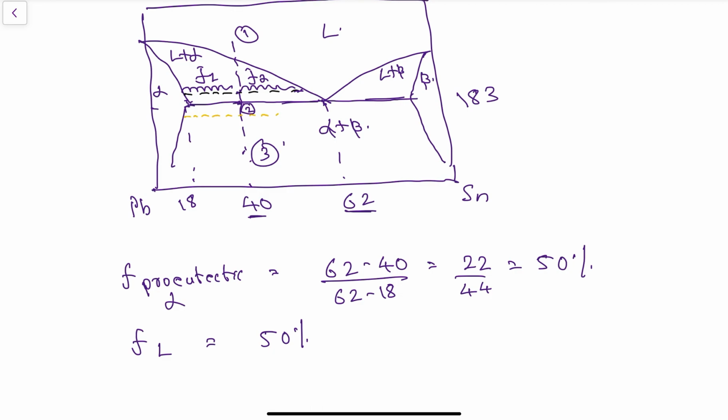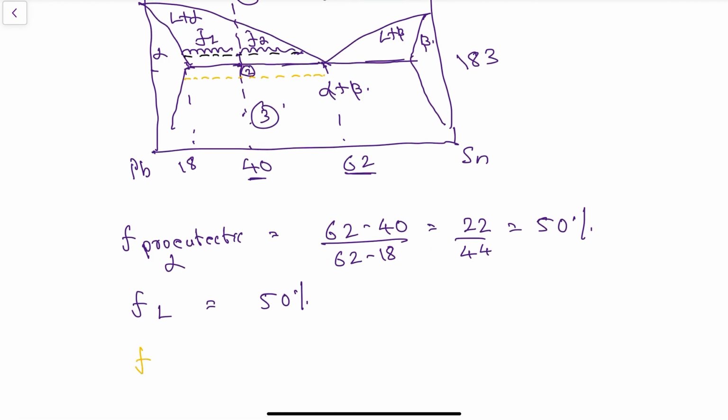Now, once it crosses this, after 183 degrees Celsius, I need to find the total alpha percent and total beta percent. For that, I will draw a tie line here. It extends up to here. This length will give you the percentage of beta, and this length will give you the percentage of alpha.